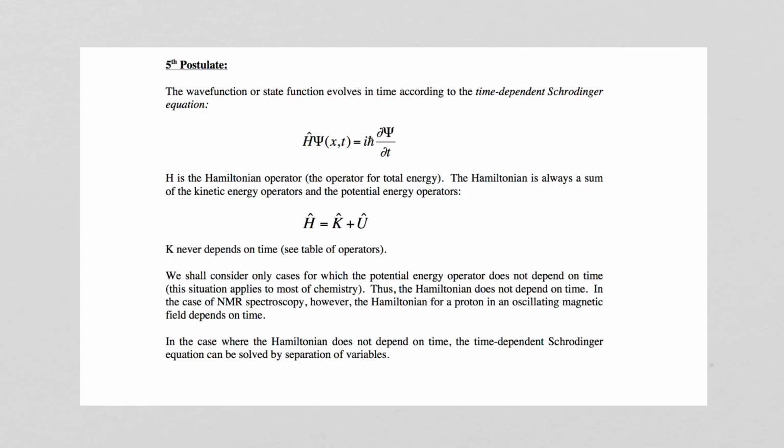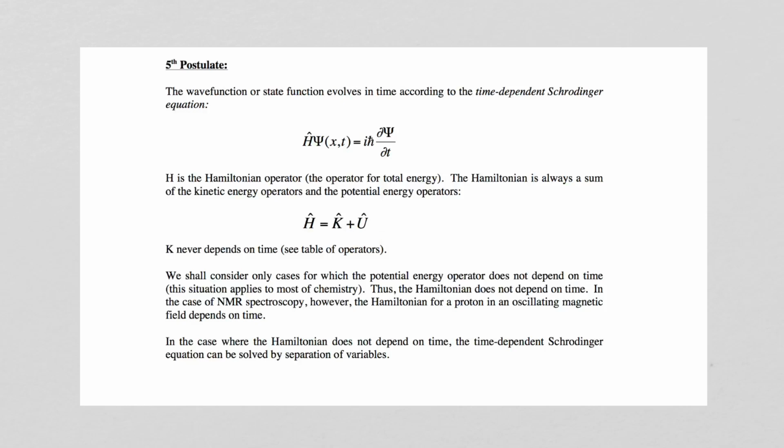It represents the operator for the total energy of our system, and we know that our total energy is always the sum of the kinetic energy and potential energy. So this total energy operator will be valid for any system.